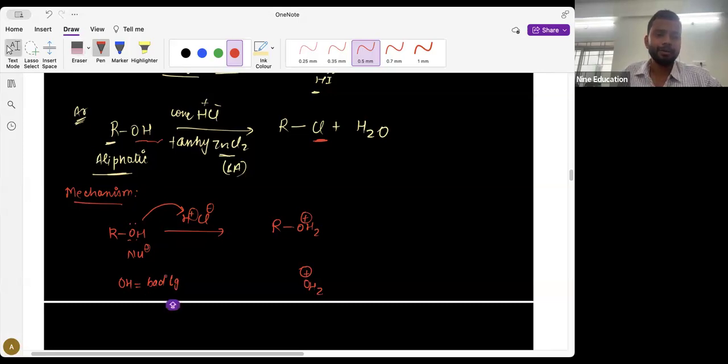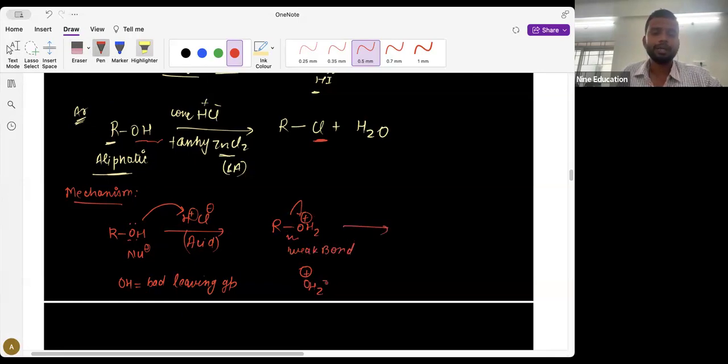Bad leaving group. The OH was here, bad leaving group. It does not want to leave from here, beta. Whenever we put ROH into some acids, है ना? So this becomes a good leaving group and H2O, this bond will become weak because of H2O coming on.